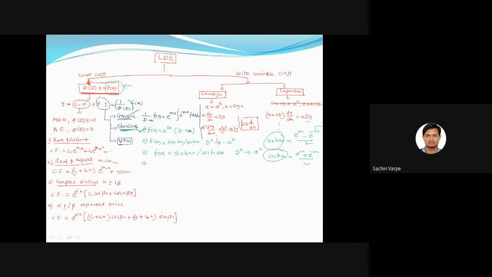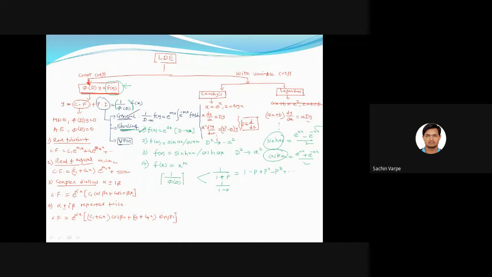Then later we have discussed the case of the polynomial function f(x) equal to x raised to m. What it says is we write 1 upon phi of d acting on x raised to m, and we expand this 1 upon phi of d using mainly two formulas, 1 upon 1 plus p or 1 upon 1 minus p, by Taylor's or Maclaurin's expansions. 1 upon 1 plus p can be written as 1 minus p plus p square minus p cube, with alternate plus and minus signs.